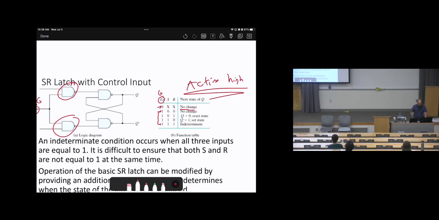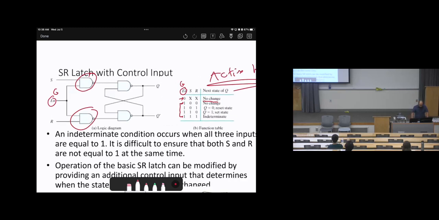Okay? So in this scenario, we can guarantee, by adding the enable button, sometimes we call it gates, no matter if you call it E, EN, or G, this means this button has been added to enable the system or disable it.